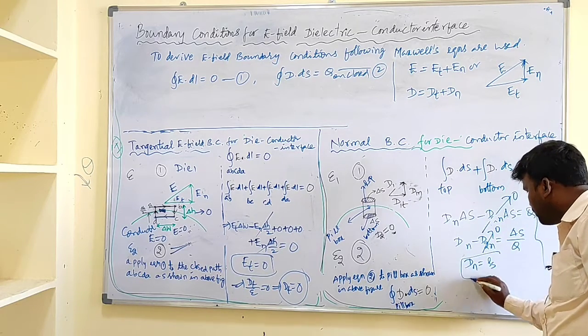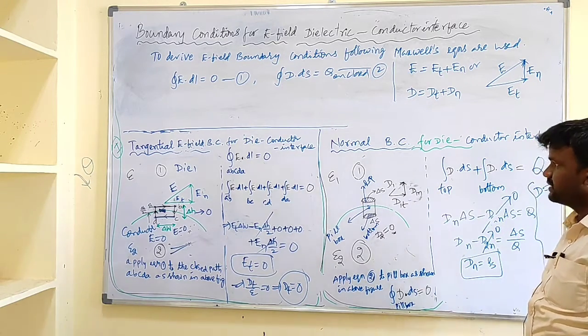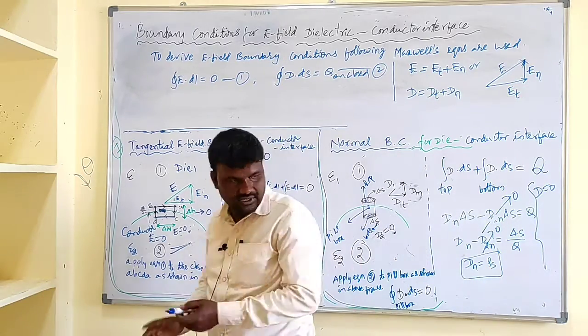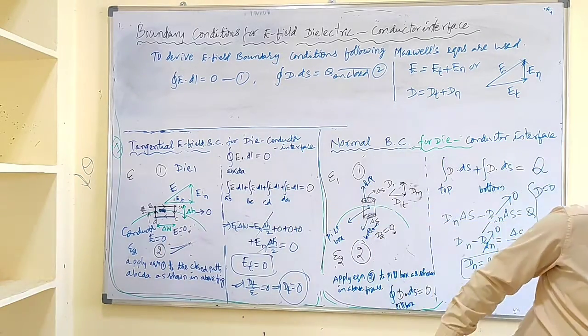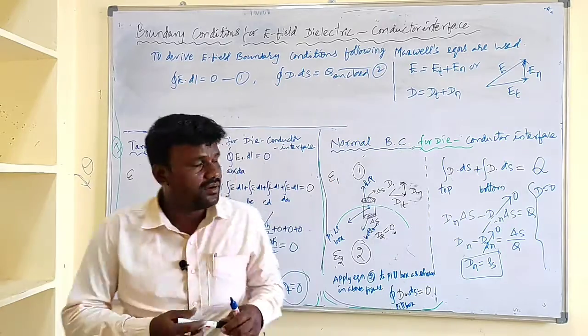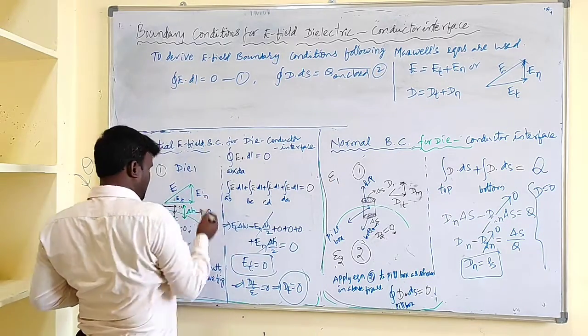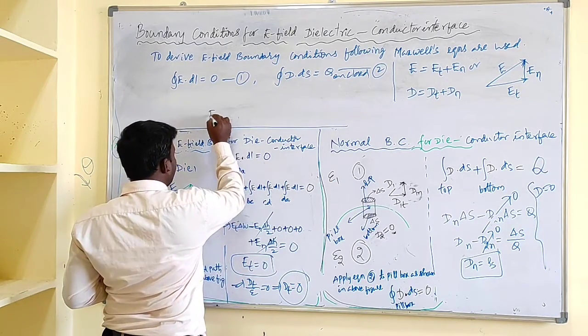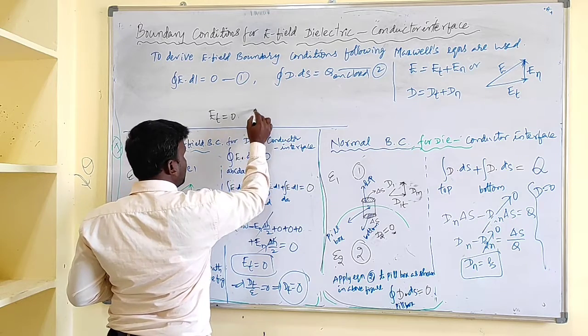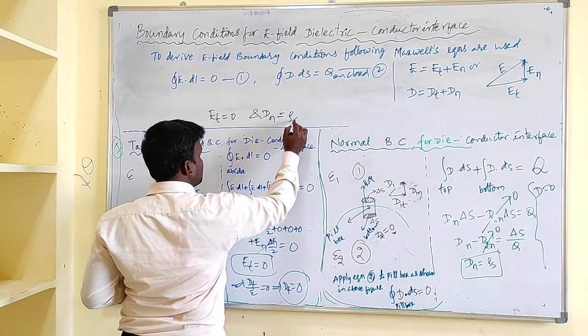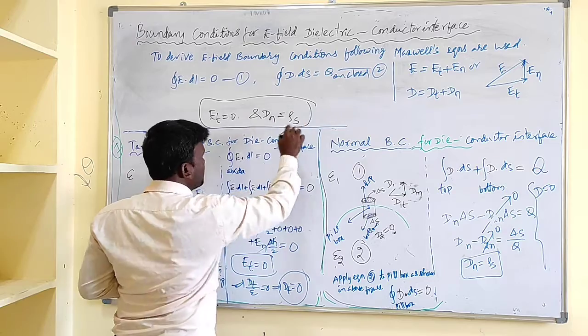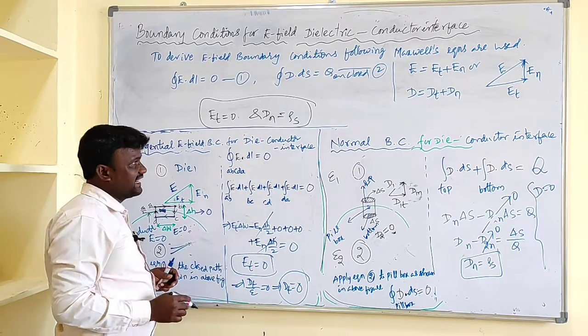These are the boundary conditions. I will write the conclusion here itself: the boundary conditions for the electric field are Et equal to 0 and Dn equal to rho s. This is for the dielectric conductor interface.